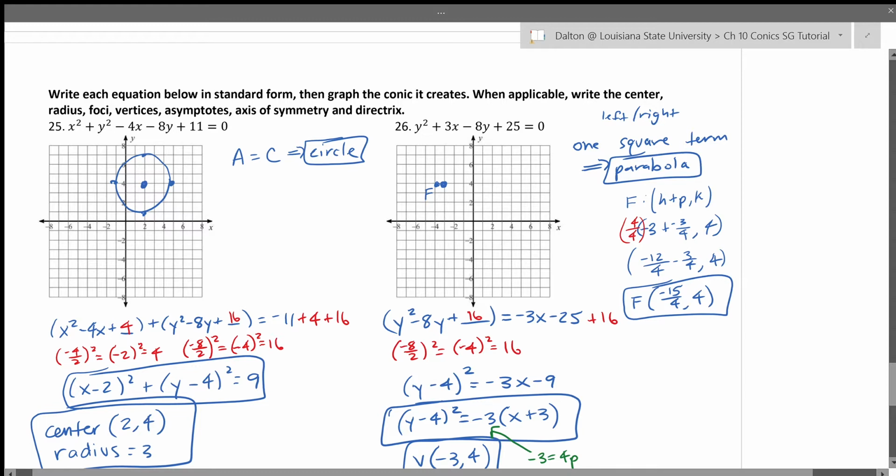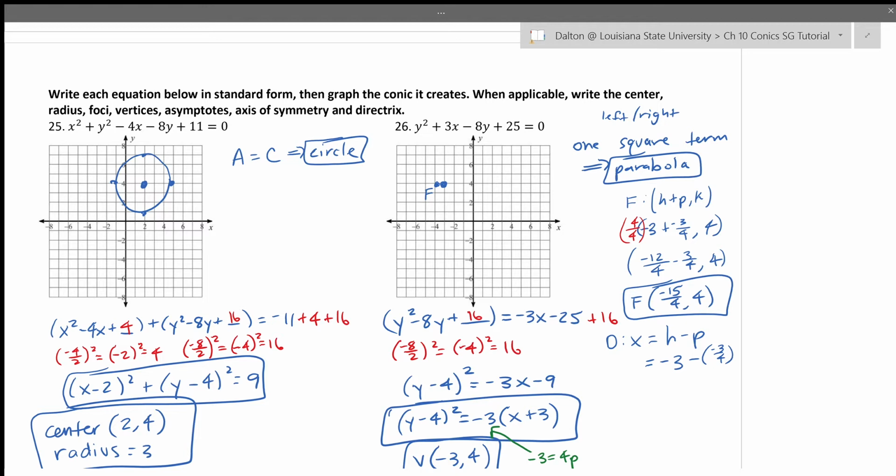Okay. The only other thing we've got to graph is the directrix line. Again, with a y squared term for a parabola, the directrix line is found by x is equal to h minus p, which we know h is negative 3. Minus p is minus negative 3/4, so it's going to be negative 3 plus positive 3/4.